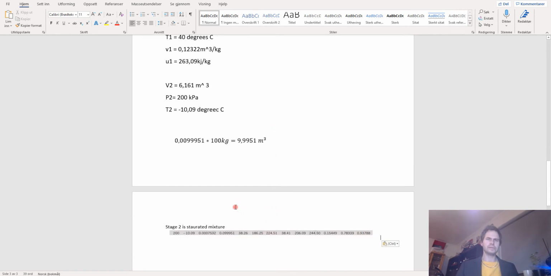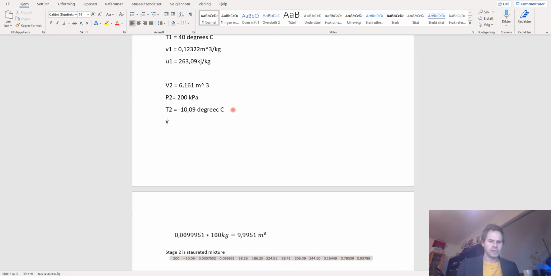Let's have it here. Vf equals 0.0007532 cubic meter per kilo, and Vg is 0.09951 cubic meter per kilo.